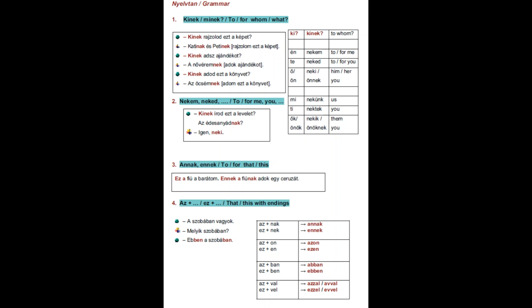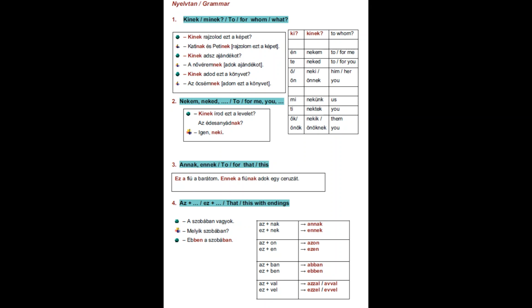So, do you remember what the difference is between az and ez? Ez is closer to me. I'm pointing to this, something that's close to me. Ez. We also in Hungarian can simply just say e, and that means this thing here close to me. Az is just like when we say a, which is the, right?